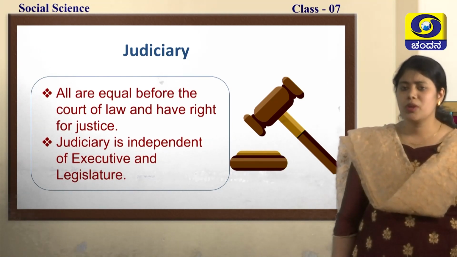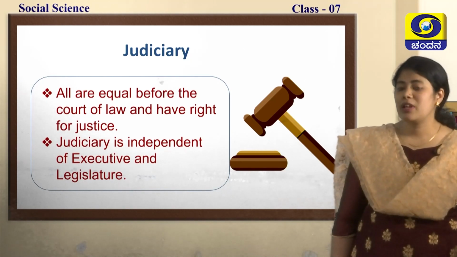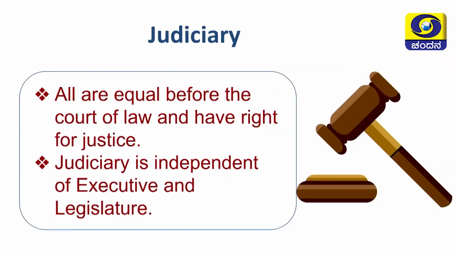So, here one more thing, it is independent. Judiciary of our country is independent. Okay. So, the other organs like executive and legislative. Neither executive nor the legislature, neither the government nor the state, no one can interfere in the matter of what?